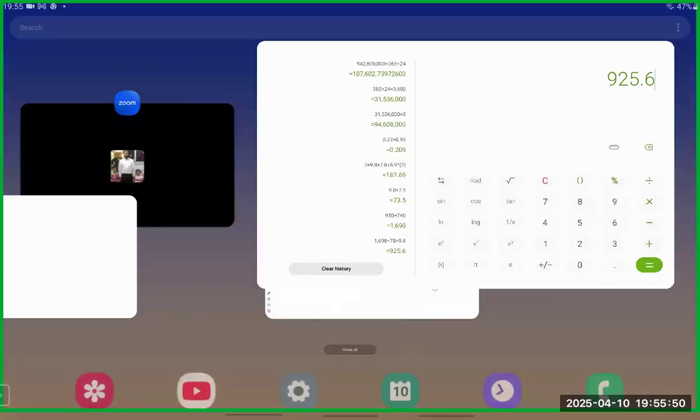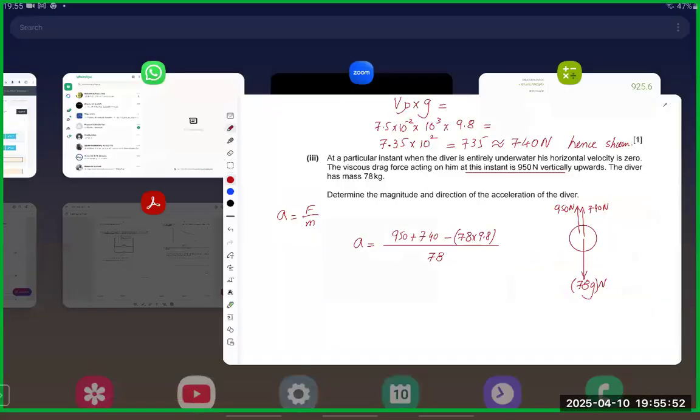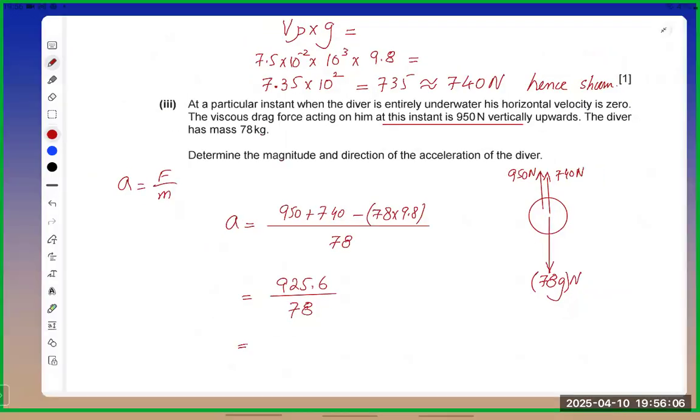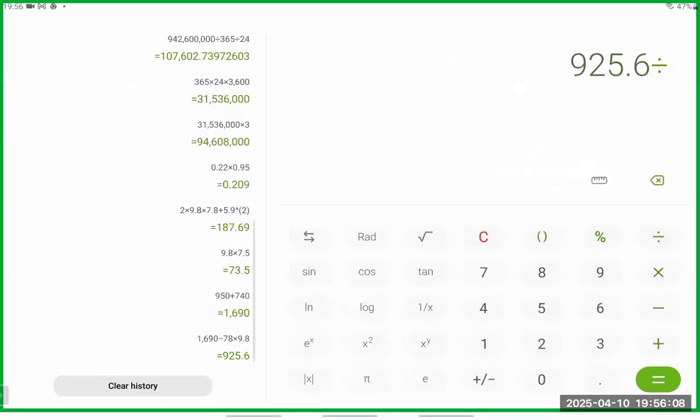So we have 925.6. 925.6 divided by 78. Do not round off intermediate calculations. Do not round it off to 930 or something. Divided by 78.